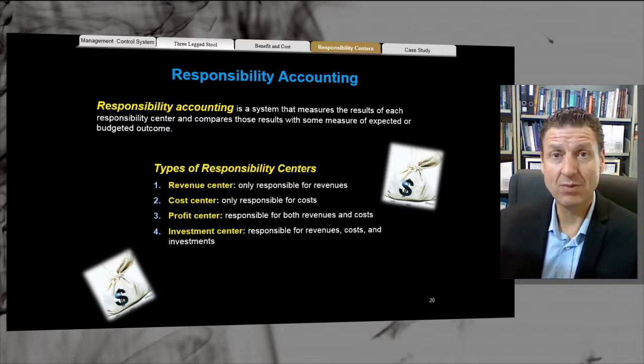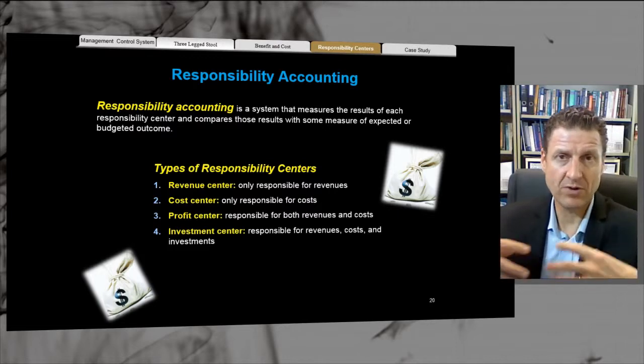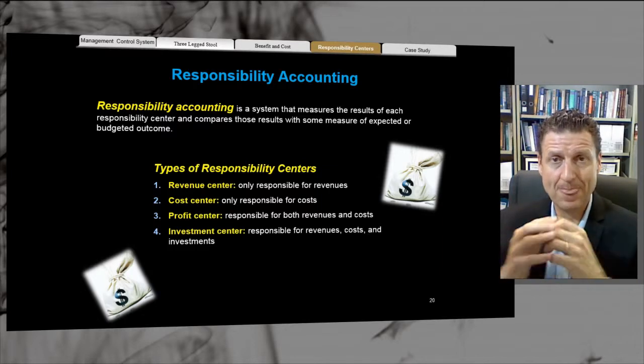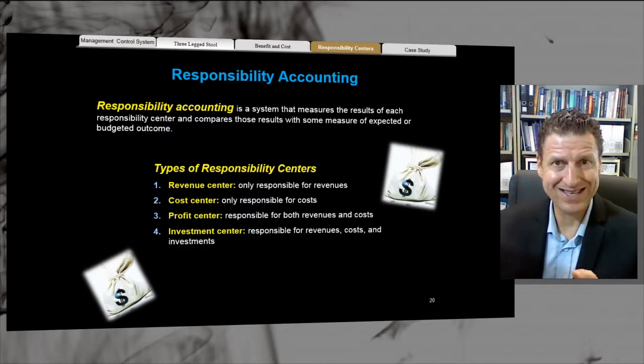Investment center is more likely for a subsidiary in another country that has a distinct product and service package and is sort of an independent operation from your own head office in your home country, right? So keep that in mind. These are the different types of responsibility centers.